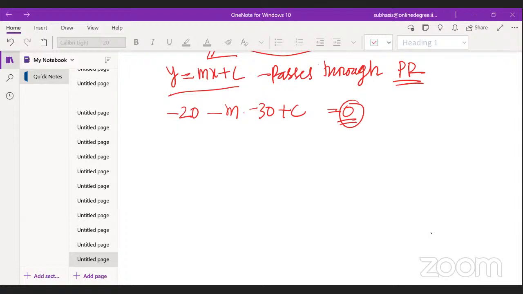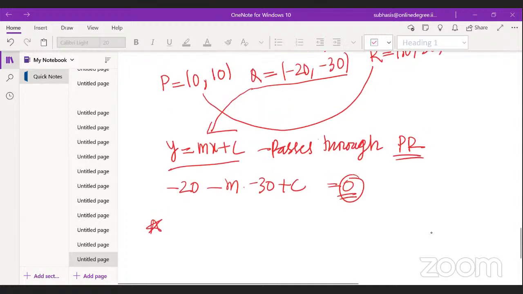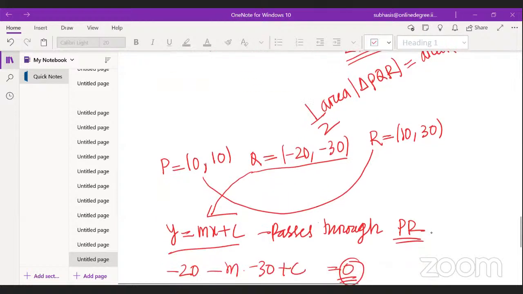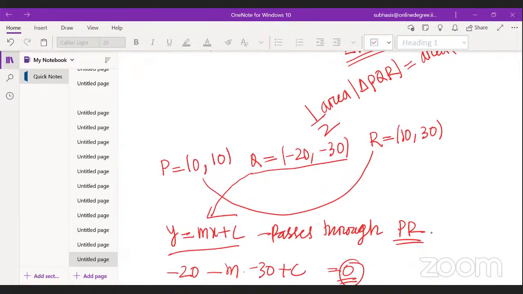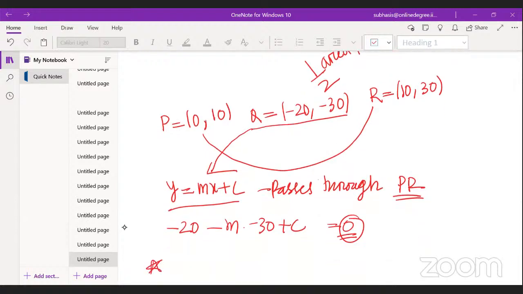Yes, the line is PQR, sir. If I calculate the distance P and R and equate it with PQ plus QR, then will it work? Yes, this will also work.